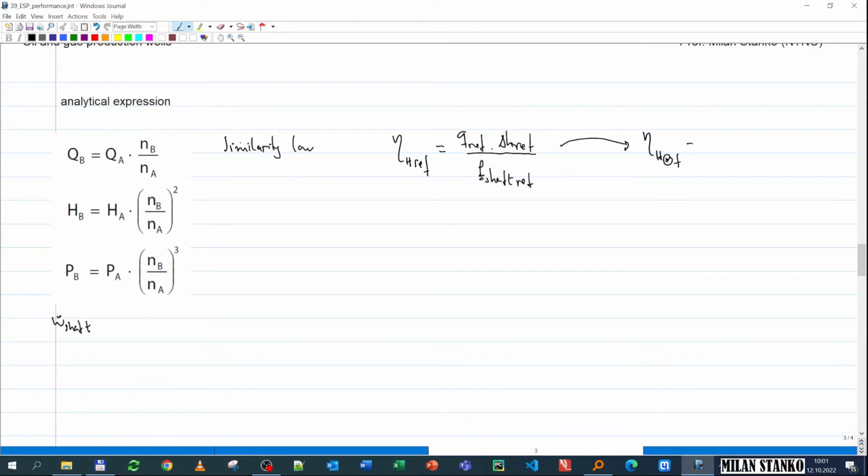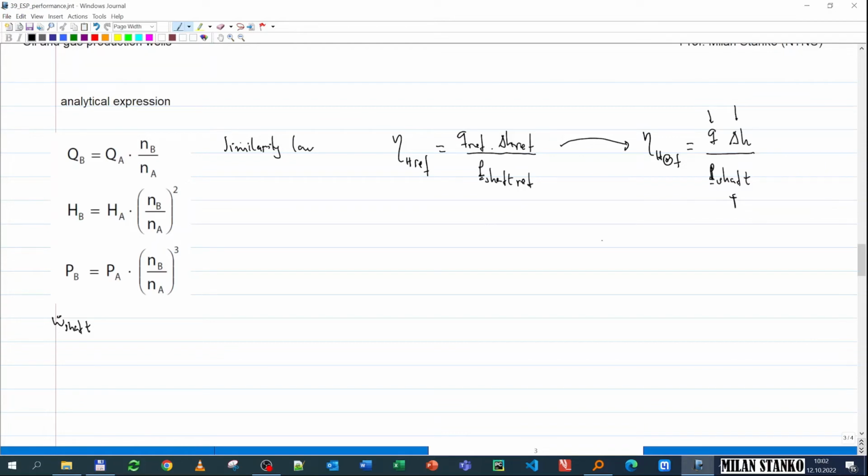Okay, and for that I need the actual Q, the delta H, not reference, but the delta H at F, and the P in the shaft. We don't know how to convert efficiency, but we know how to convert all the different values that you have here, all the different Q, delta H, and power.